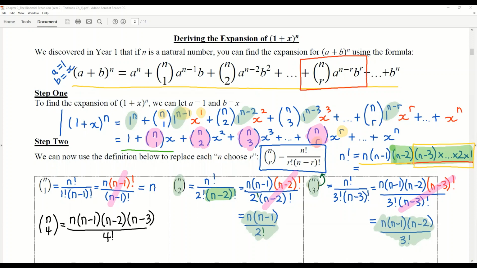So this is quite a powerful result. Now this means we can rewrite our binomial definition, provided, and this is very important that we do acknowledge this, provided we use 1 as our a and positive x as our b, we now have a really, really nice way of representing the binomial expansion without combinations and without factorials.